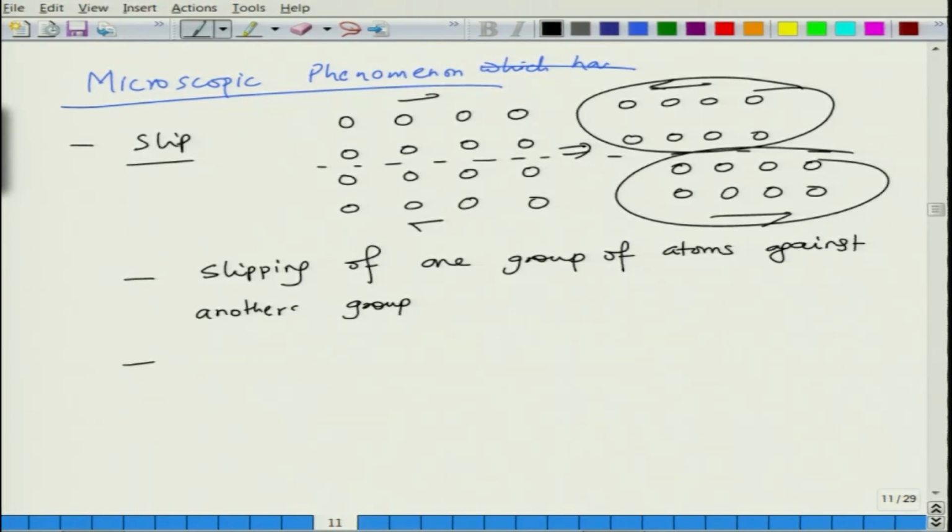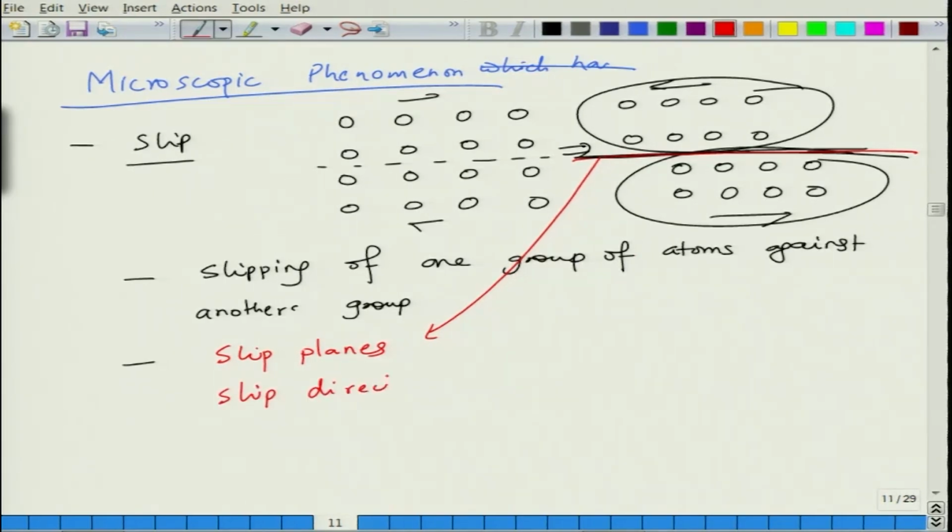It does not happen on any plane. The planes across which slip happens are called slip planes, and it happens only along certain directions, not along every direction. So, it happens on certain slip planes and certain slip directions.